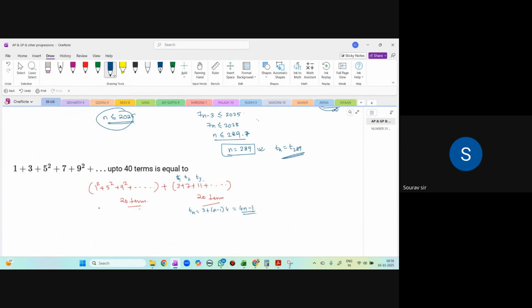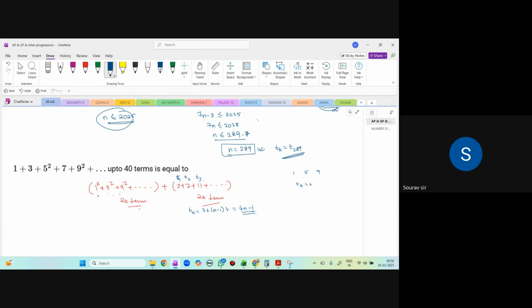4n minus 1 series. If you look at the first series, the terms 1, 5, 9, it's not in GP. This is not GP. GP is where the ratio of the terms should be constant. This is not GP. This is the square of it. 1, 5, 9 are in AP. Right? Where first term is 1.